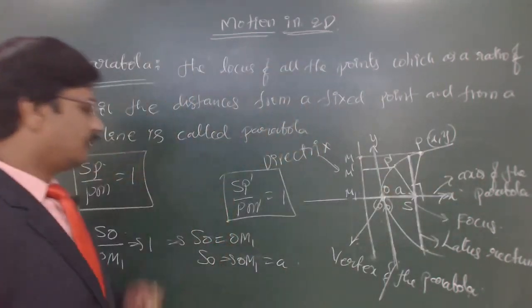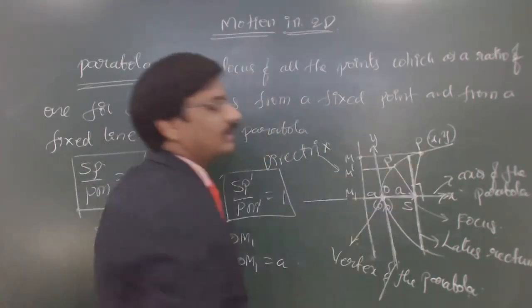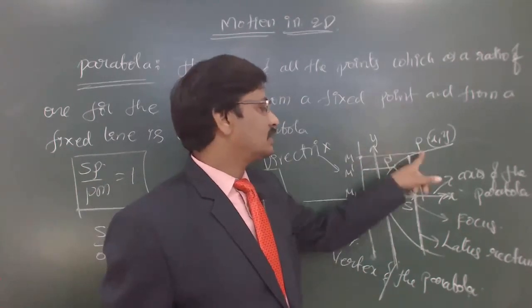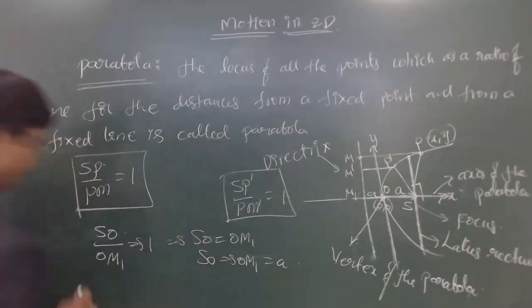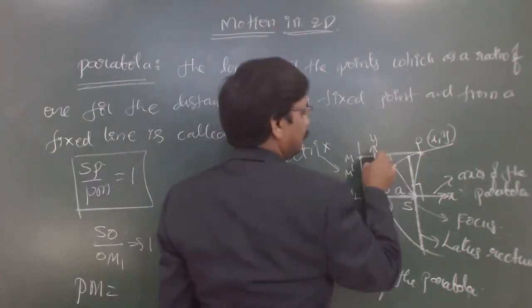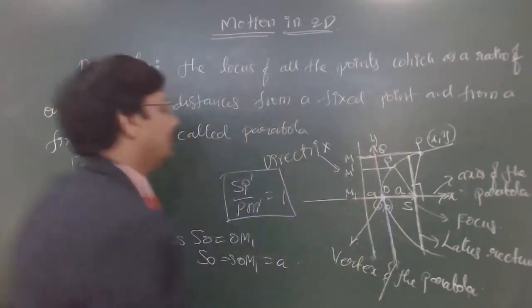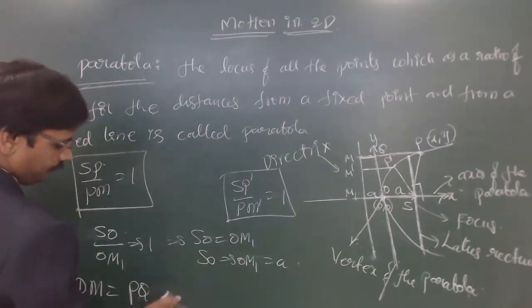Then if I take a random point x comma y on the parabola, and this is the distance PM, PM is equal to this length plus this length. I call this point Q. Then PM equals PQ plus QM.